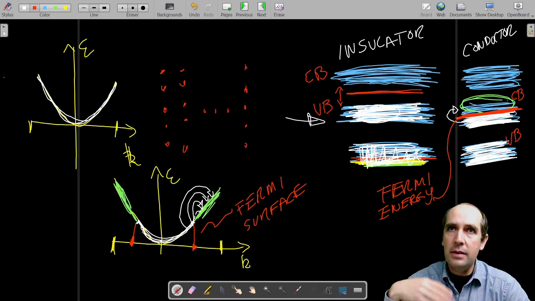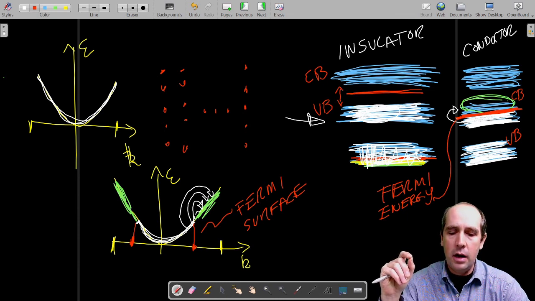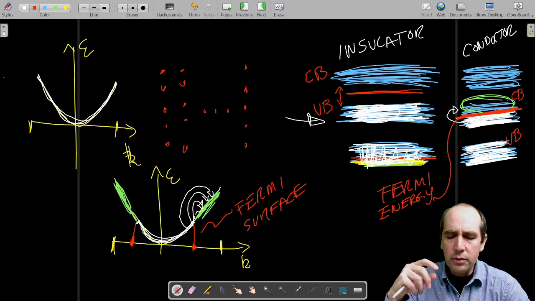Another aspect that makes semiconductors very interesting is the fact that we can make them controllably conductive, even in the absence of high temperatures or illumination or other changes in physical variables.